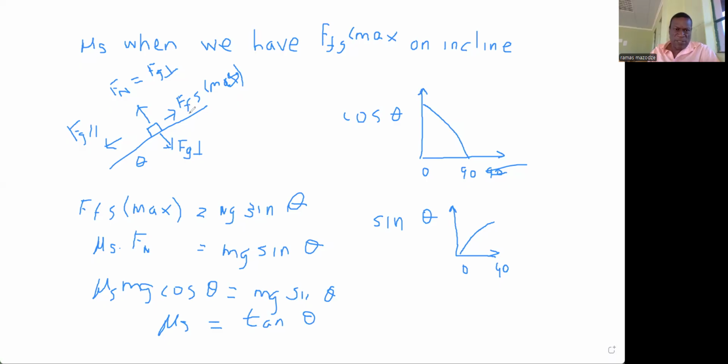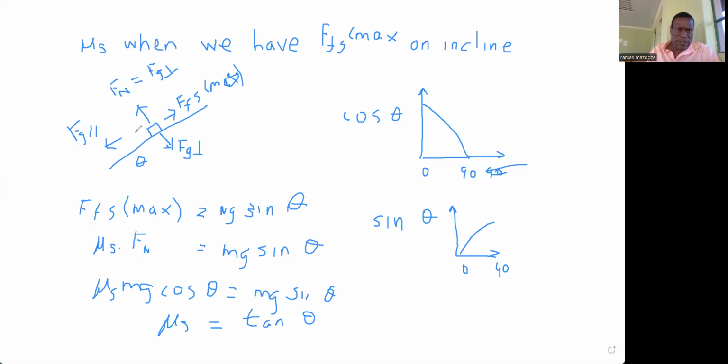So it's upwards. It's trying to oppose the tendency of the object to go down. And what is moving the object down is the parallel component of gravity, which is F_g parallel, which is mg sine theta. So to find the value of mu s, we are going to follow a very simple procedure.